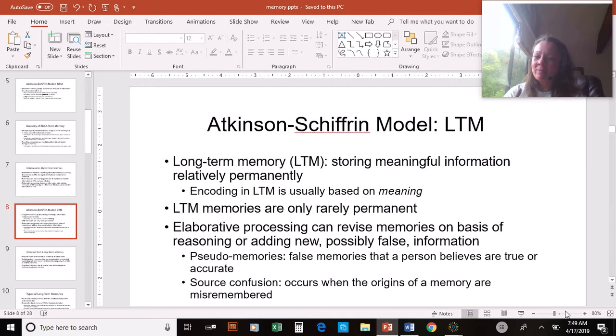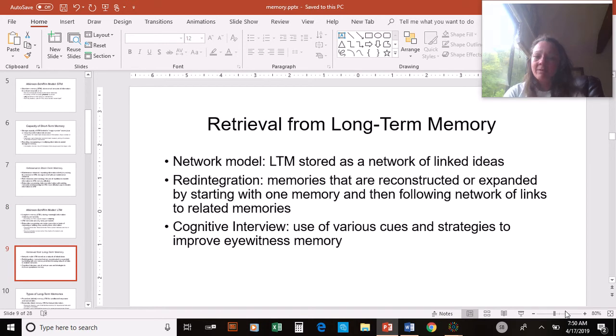That would be a source confusion. Or maybe you learn about the Civil War, but your brain misread the dates, and you think the Civil War was from these dates when it was really these. So stuff like that where you just can't quite remember the origin of what was going on when you first learned that information.